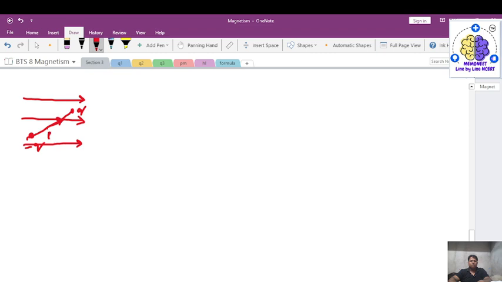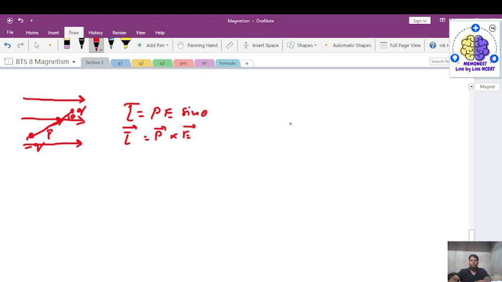The angle was theta. So in this case, the torque was given as tau is equal to PE sine theta, right? Or we wrote tau is equal to P vector cross E vector, right?